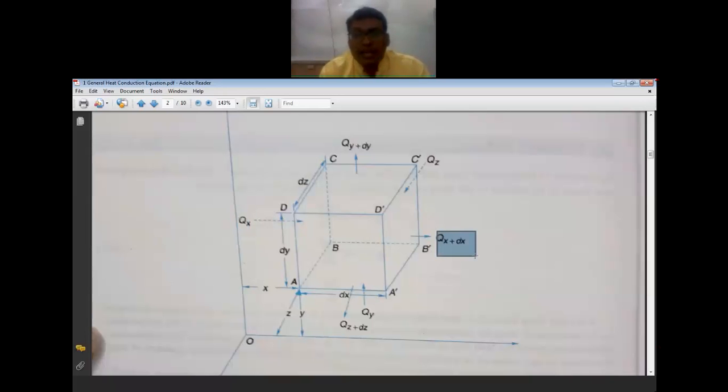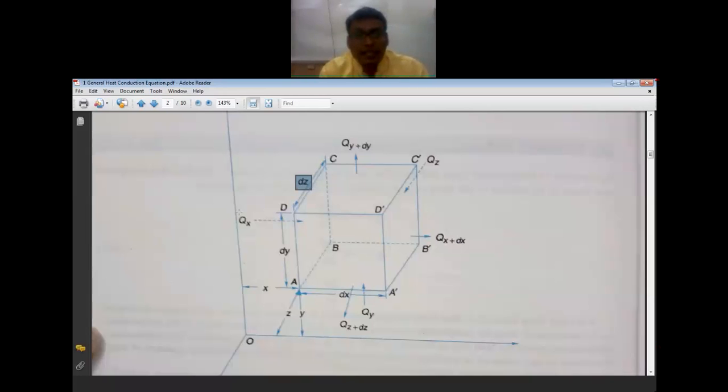Qx plus dx is the heat leaving in the X direction with a differential distance dx. It is a small volume element having the dimensions dx, dy and dz. So we are considering this small differential volume element with dx, dy and dz.